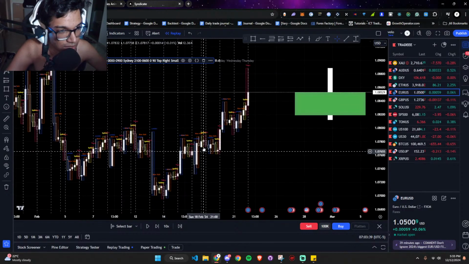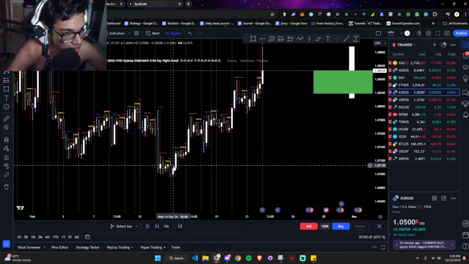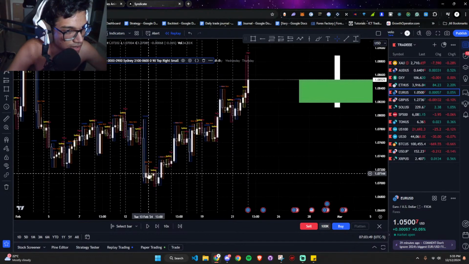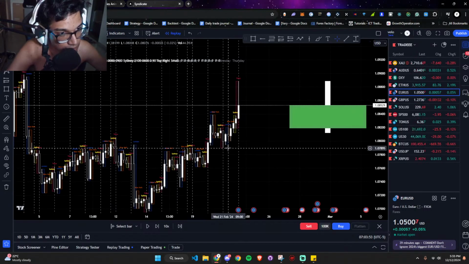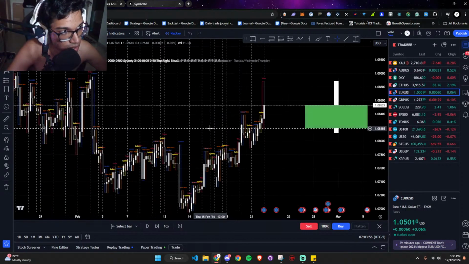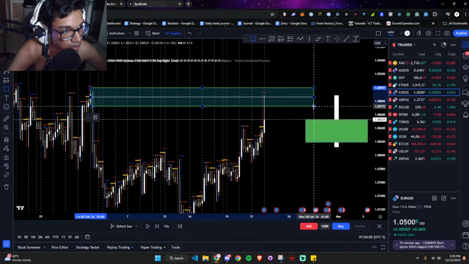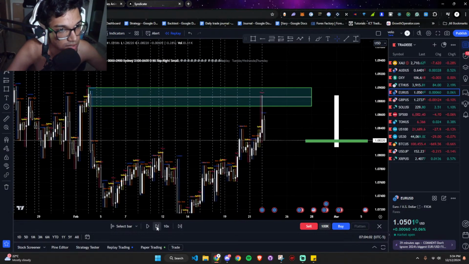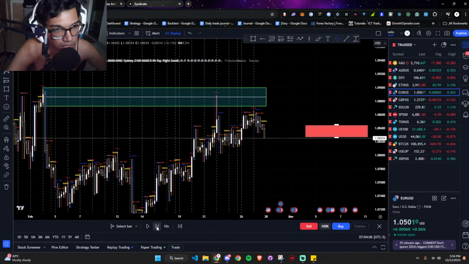Now supply and demand, honestly, it kind of works, but I don't really see supply and demand working for me. Because this is a supply and demand zone, it's like very less trades, but it's good that there's less trades. But let's say for example, right here, it's rejecting this level. You could refine supply and demand.